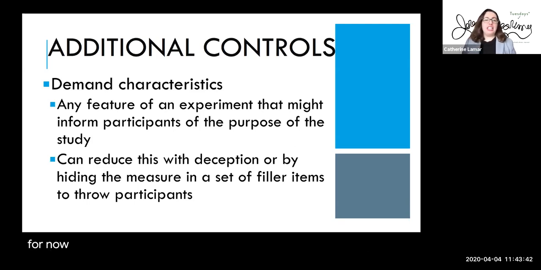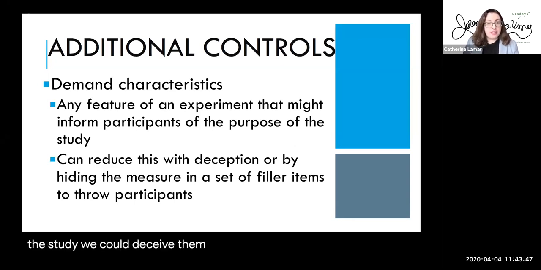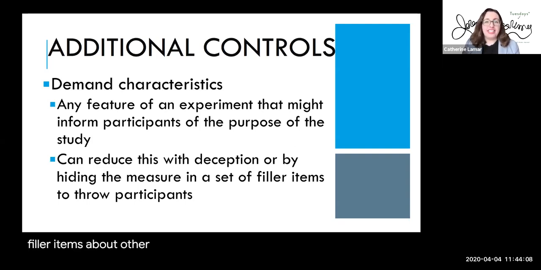Now, regardless, if we don't want participants to know the purpose of a study, we could theoretically use some deception to say a study might be about one topic when we're really interested in another. We could also, if we have, let's say, a survey with 10 questions that measure a construct we care about, throw in some additional filler items about other unrelated topics.